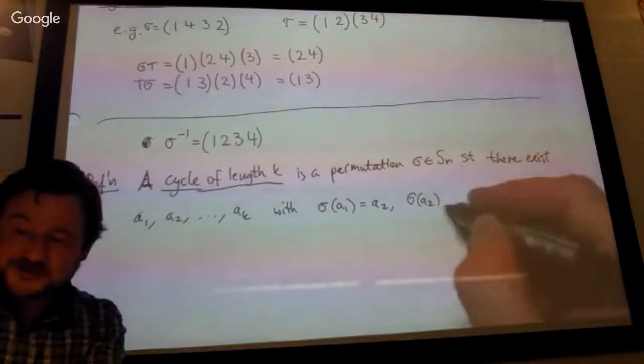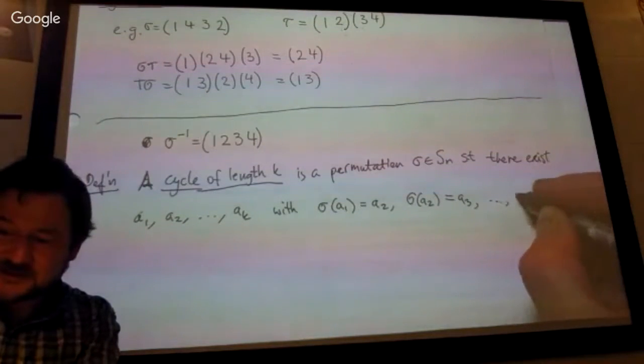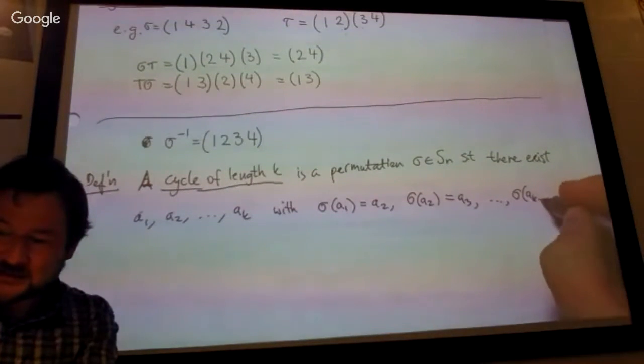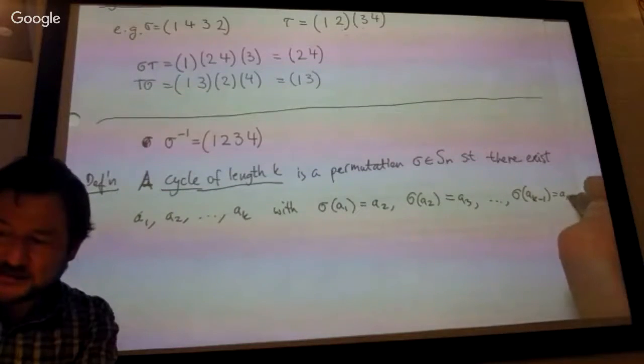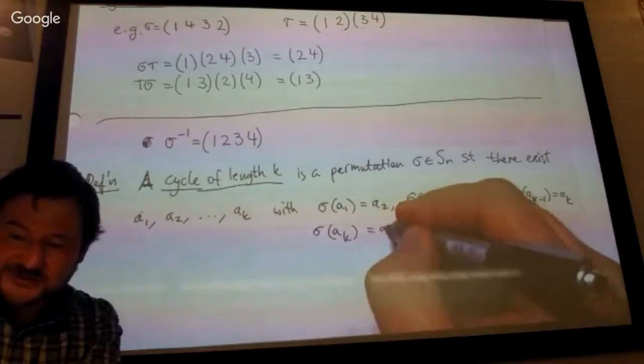When you do sigma on a2, you get a3, and so on, a(k-1) goes to ak, and then the last of these elements goes to the first.